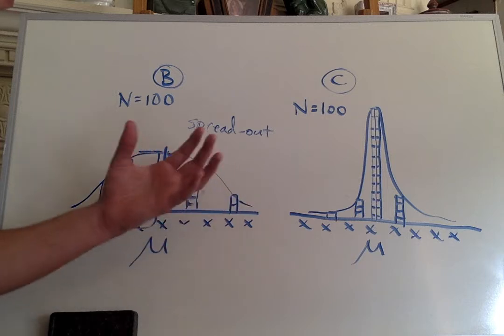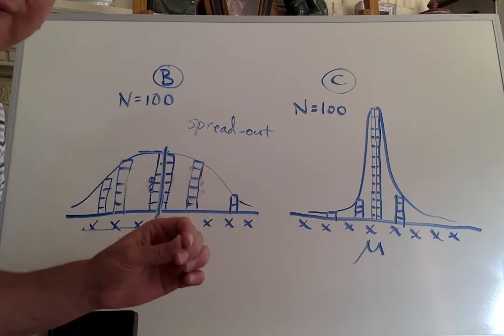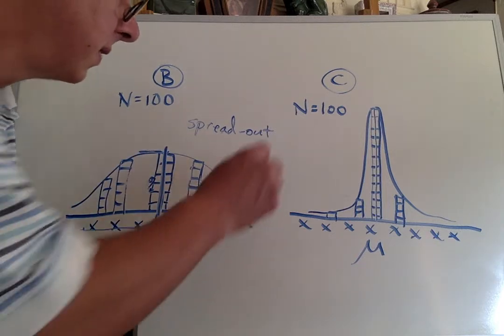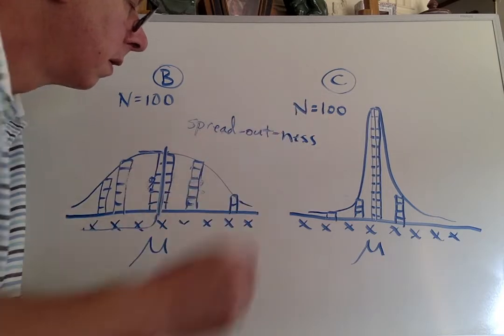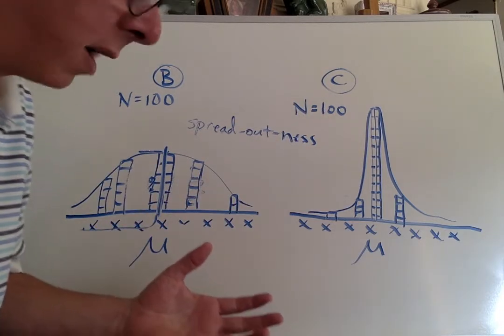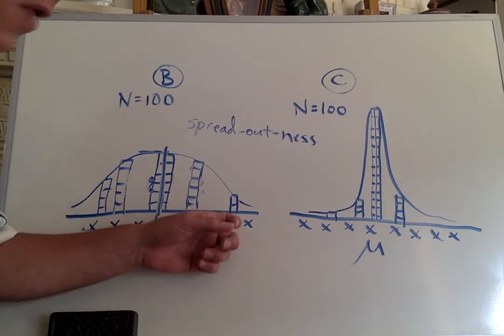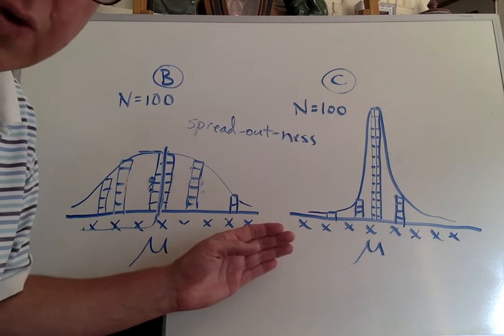Okay? So really the dimension that differentiates these two graphs is spread outness, okay? Or scrunched upness, if you want to say that. These blocks are more spread out within the range. These blocks are not as spread out within that overall range.